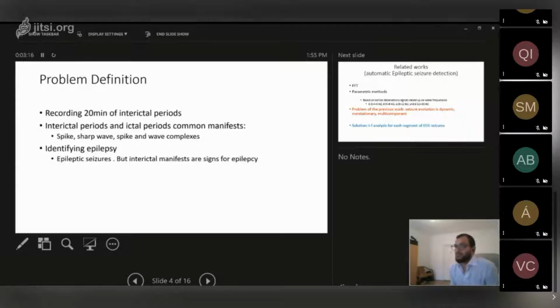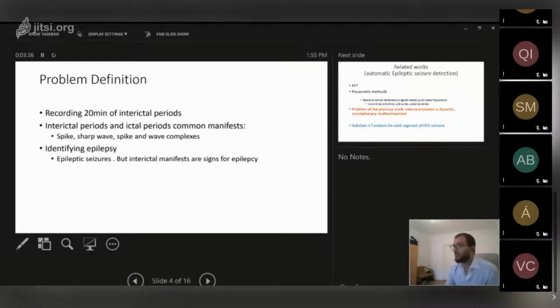But the most important manifestation of epilepsy is epileptic seizure. Still, if we consider an interictal period inside the EEG signals, then we can say that with most probability, the person suffers from epilepsy.